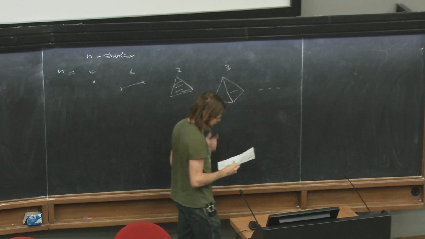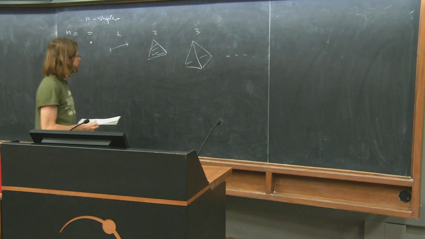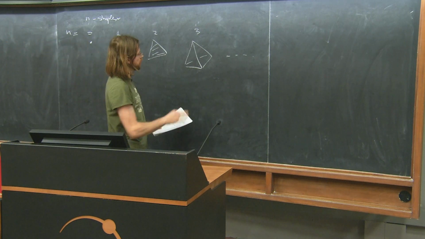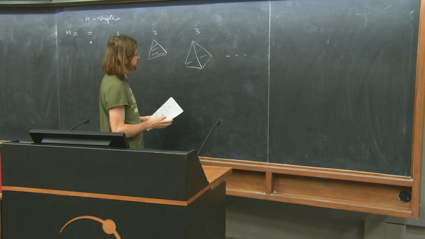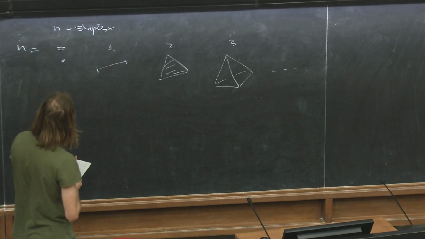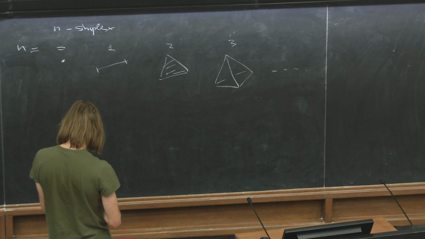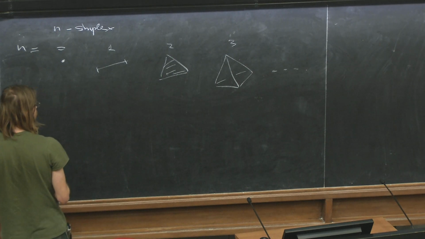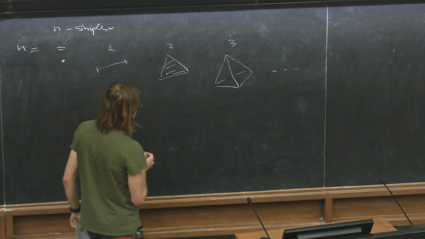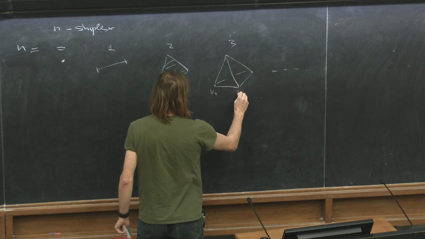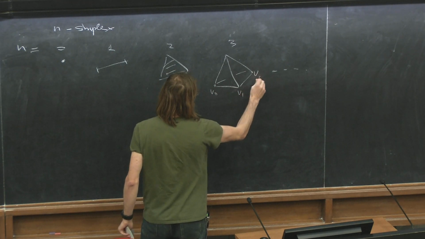We can realize them as subspaces inside Euclidean spaces, and we agreed that we will usually denote the vertices by V's.